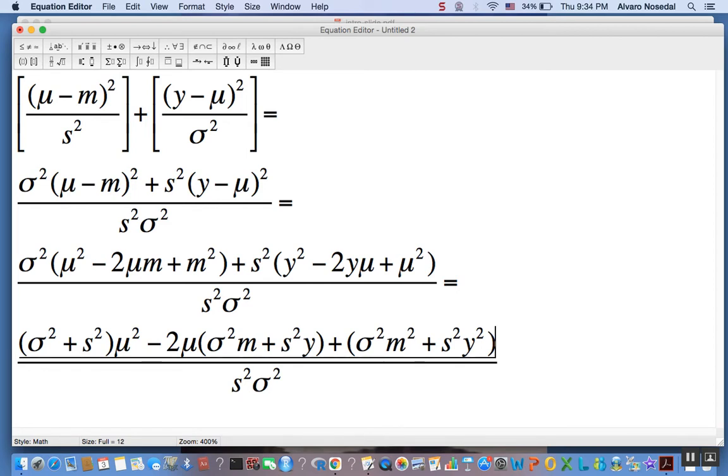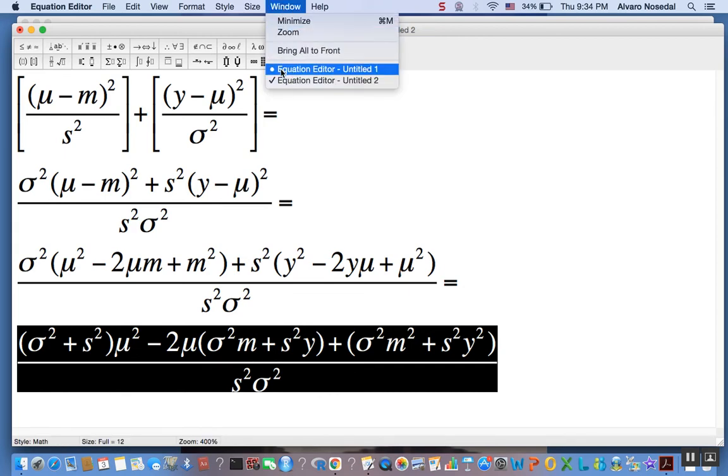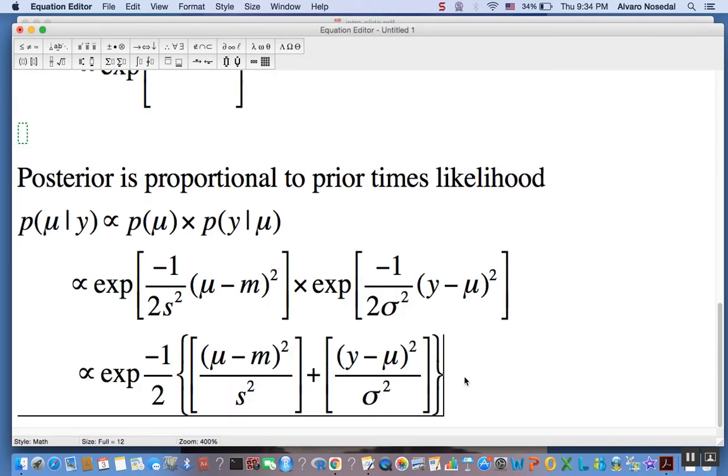So, now, what we're going to be doing is note that this is the same as (mu minus m) squared divided by s squared plus (y minus mu) squared divided by sigma squared. So let's substitute this into the expression that we had here.